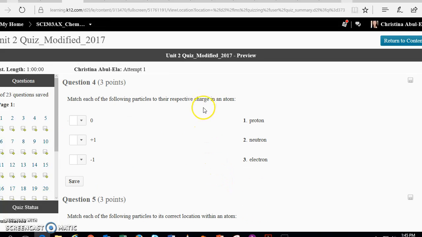Question 4. Match each of the following particles to their respective charge in an atom. We have charges of 0, +1, and -1. Matching those to particles, proton, neutron, and electron.